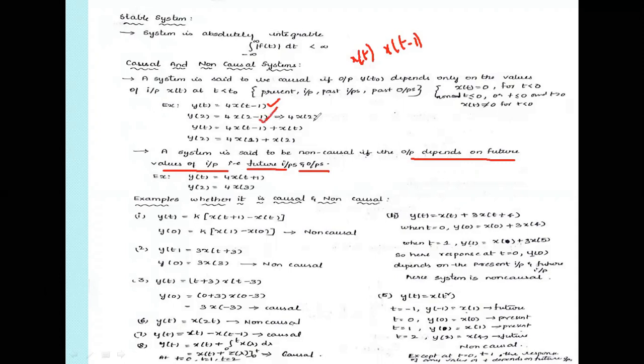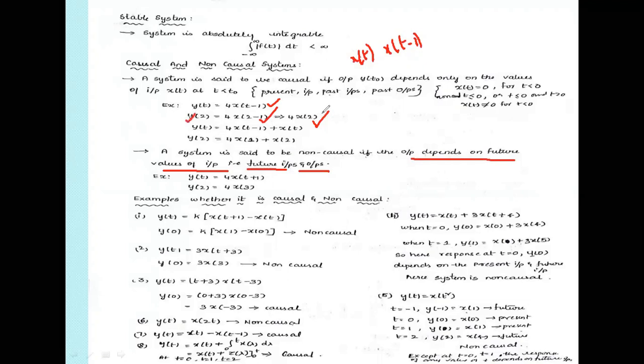For y of 2, x of 2 is the present input and x of 1 is the past input.